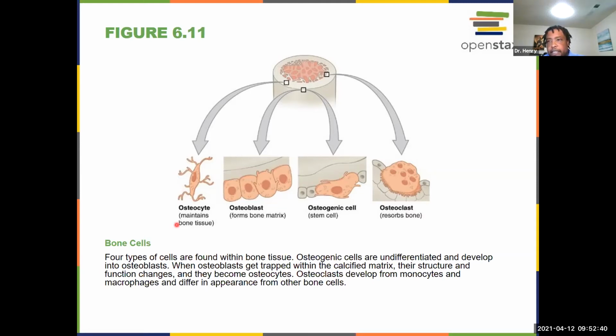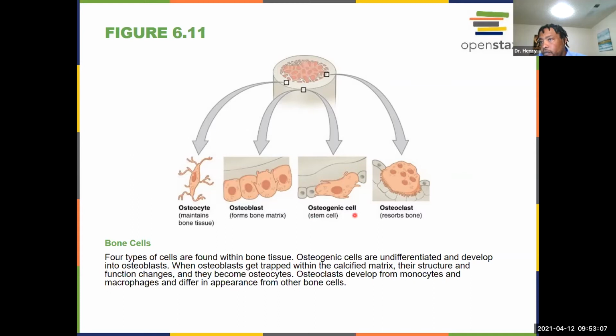We have the osteoblasts, which form that matrix, the outer part of the bone. A lot of the calcification occurs as a result of the osteoblasts. We have the osteogenic cells. Those are basically stem cells, cells that are able to turn into other types of bone cells, right? So it gives it that flexibility.